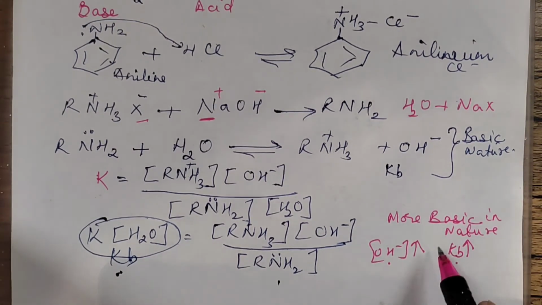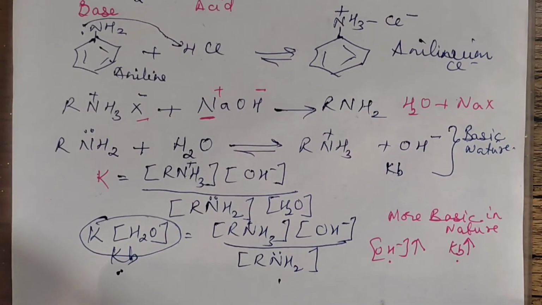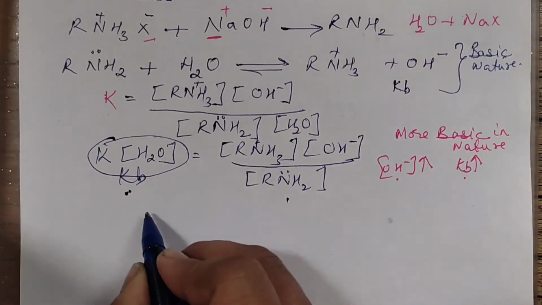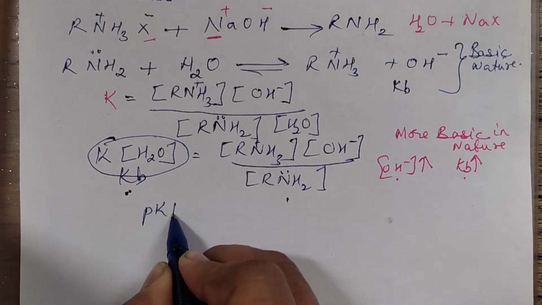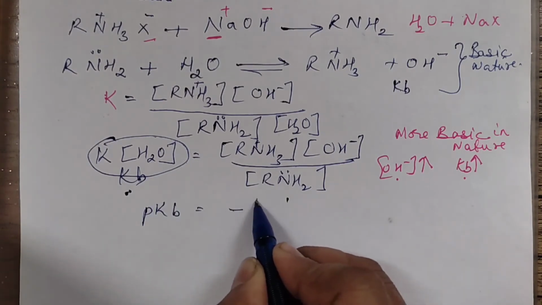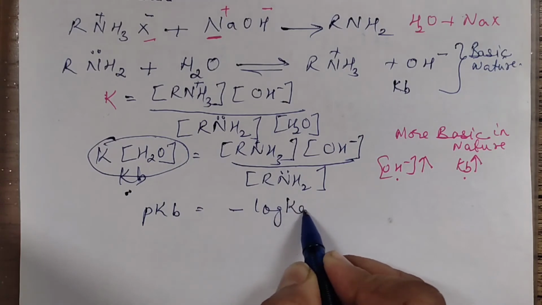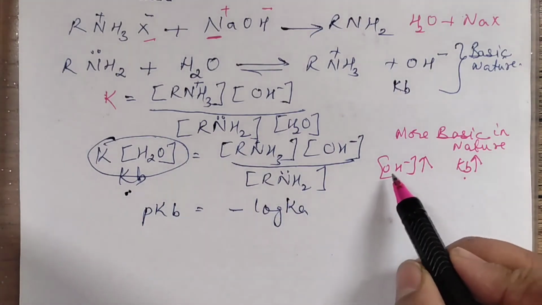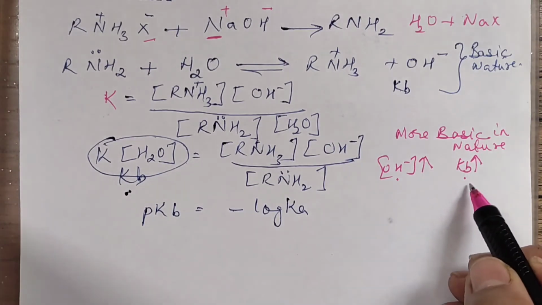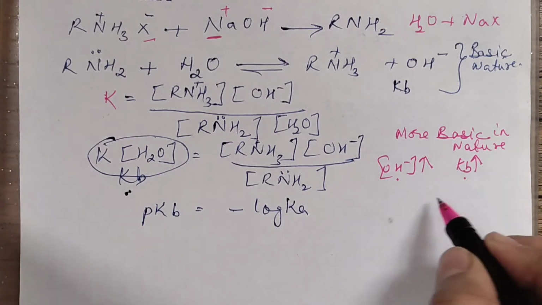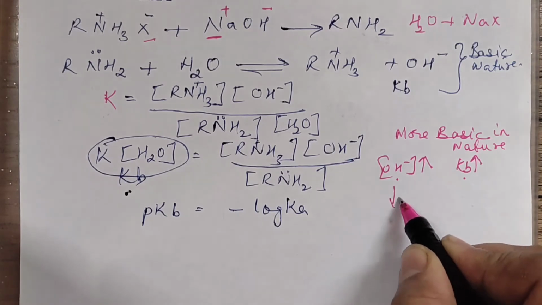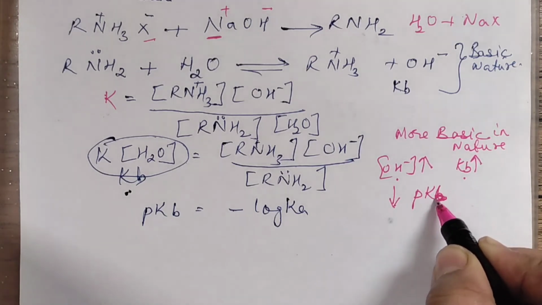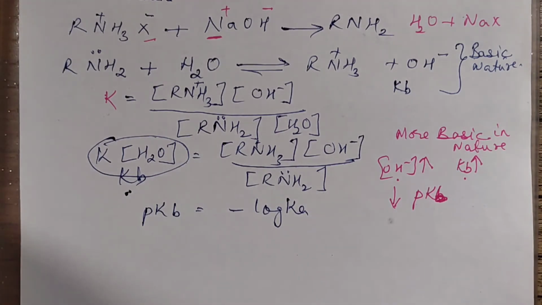Fine. Now, the same thing, we can represent in terms of pKb. What is pKb, children? pKb is equal to minus log of Kb. So what we can see here is, the more the concentration of OH, the more the Kb value. So in terms of pKb, we will say lesser will be the pKb value. Is this point clear?